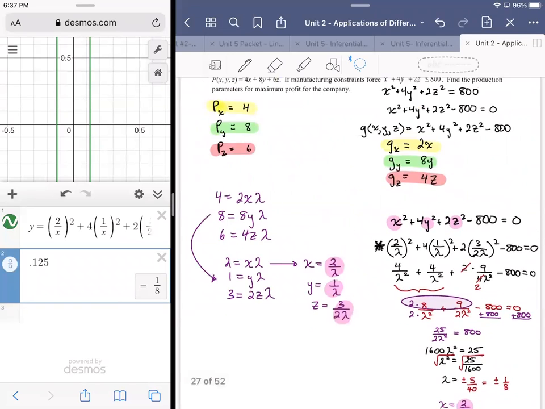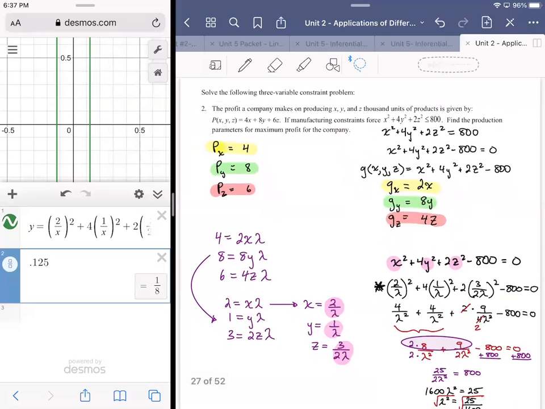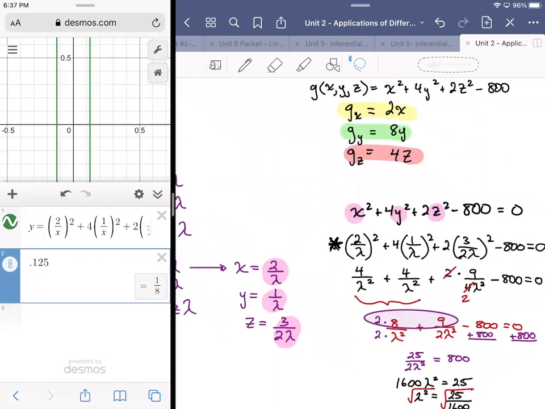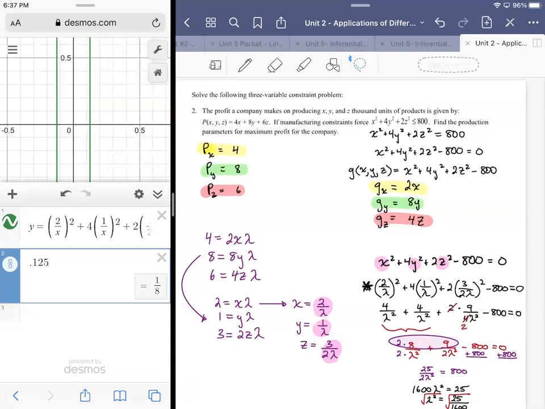Ultimately what we're looking for, again, is the profit a company makes on producing X, Y, and Z thousand units of products is given by this, find the production parameters. That sounds like X, Y, and Z, all right? So that's what they're asking us for. So X, Y, and Z is the number of units.